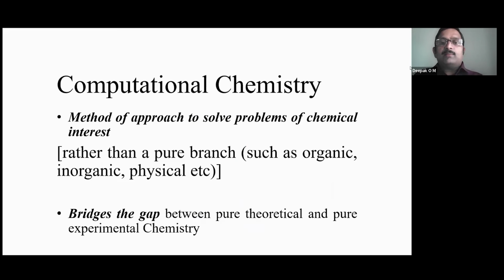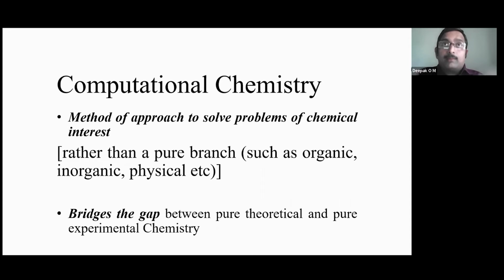You should understand computational chemistry more as a method of approach to solve problems of chemical interest, as it is written here, rather than a pure branch such as organic, inorganic or physical chemistry. Theoretical chemistry is basically a method of approach to solve problems of chemical interest. Experimental chemistry is a method of approach to solve problems of chemical interest.